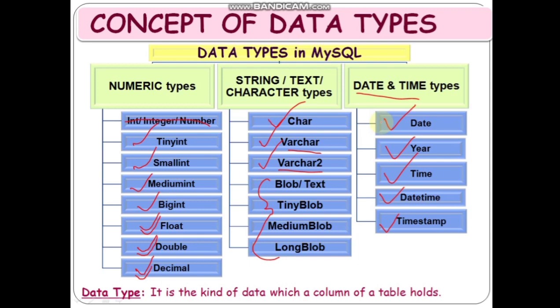So it's a YYYY-MM-DD format, and it takes date between year 1000, so 1st January 1000 and 31st December 9999. So this is the entire range of date which you can take.